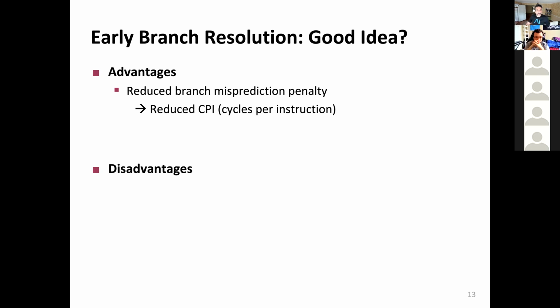Or average CPI. But there are some disadvantages as a result. This may increase the clock cycle time. Can anyone say an intuition why this may increase the clock cycle time?